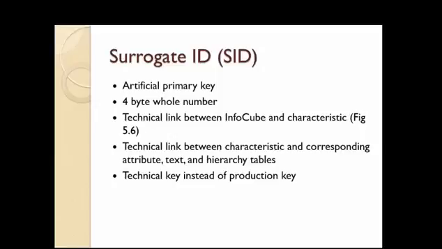But again, the connection is made between the Infocube and characteristics through the SIDs. So based on the SIDs, we can find out which materials from which material groups we have sold, and we have sales data stored in the Infocube. So that's the connection right there.